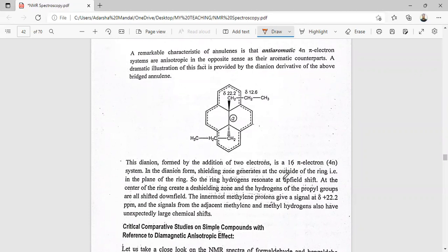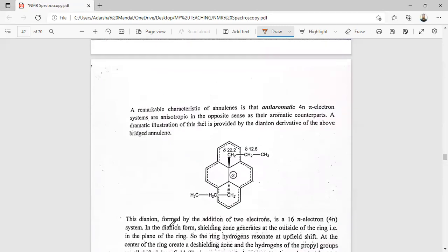The shielding zone is generated outside of the ring, that is, in the plane of the ring. So the ring hydrogens show an upfield shift, and the center of the ring creates a deshielding zone. And the hydrogens of the propyl groups are shifted downfield. The innermost methylene group gives 2.20 ppm, and the signals of the adjacent methylene and methyl hydrogens have unexpectedly large chemical shifts.